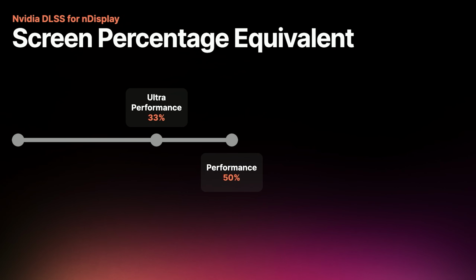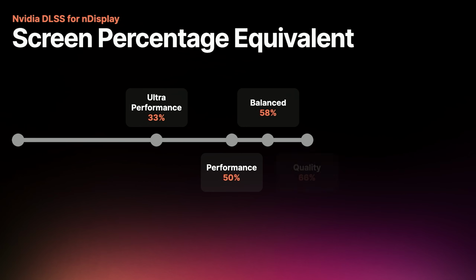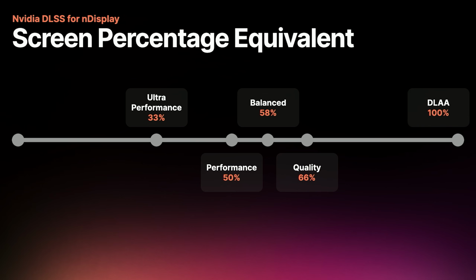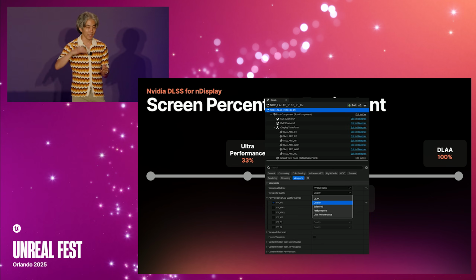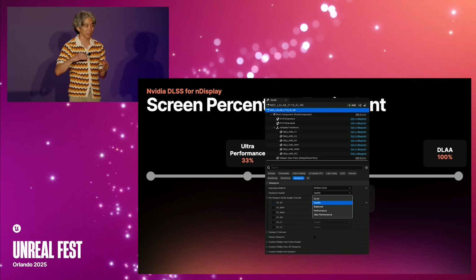The performance option of DLSS is 50%. There's a balanced option at 58, a quality option at 66, and then the full 100% is called DLAA. So for any of the operators that are accustomed to punching in these numbers, when you see those names in the DLSS menu, that's what they equate to.